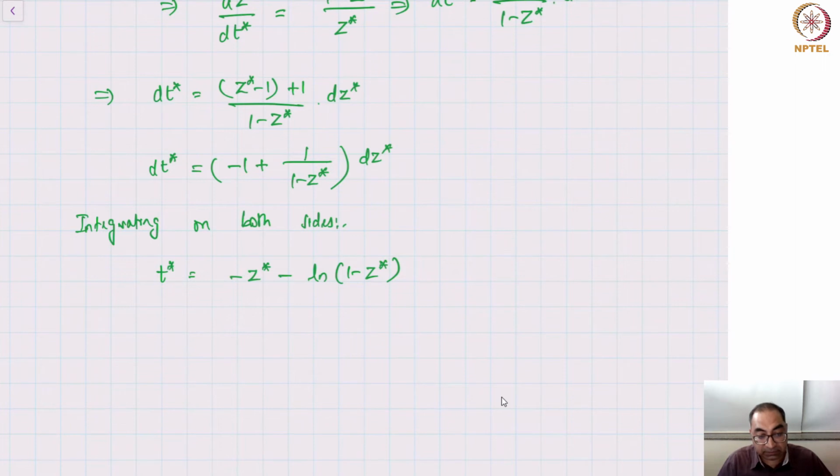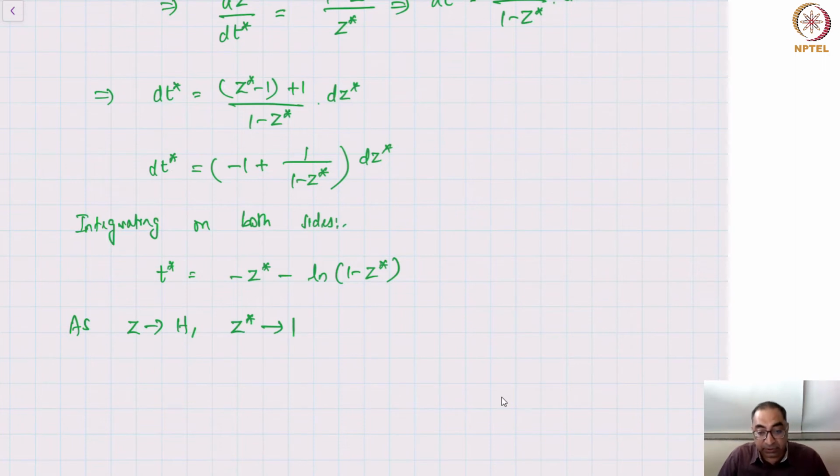So this is a fairly complicated equation involving z and t. It's certainly much simpler than what we had here, but we still don't have a simple closed form expression for how z varies with time. Okay, but what we know is that as z approaches h, z star approaches 1.